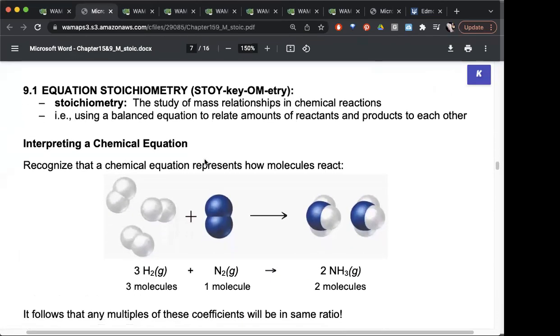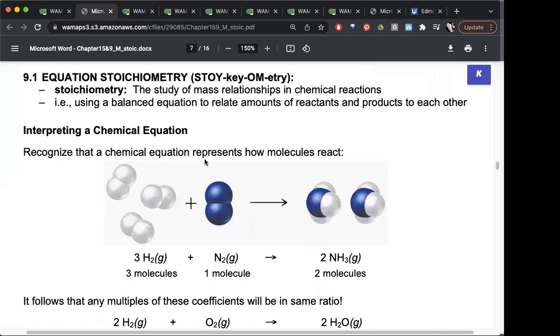All right, so jumping back into chapter 9, stoichiometry. When we interpret that chemical equation, we're looking at the number-particle ratio. So we can think of these as molecules. We're breaking up those original molecules, forming a completely new product, the ammonia, and the coefficients give us the number of each kind of molecule.